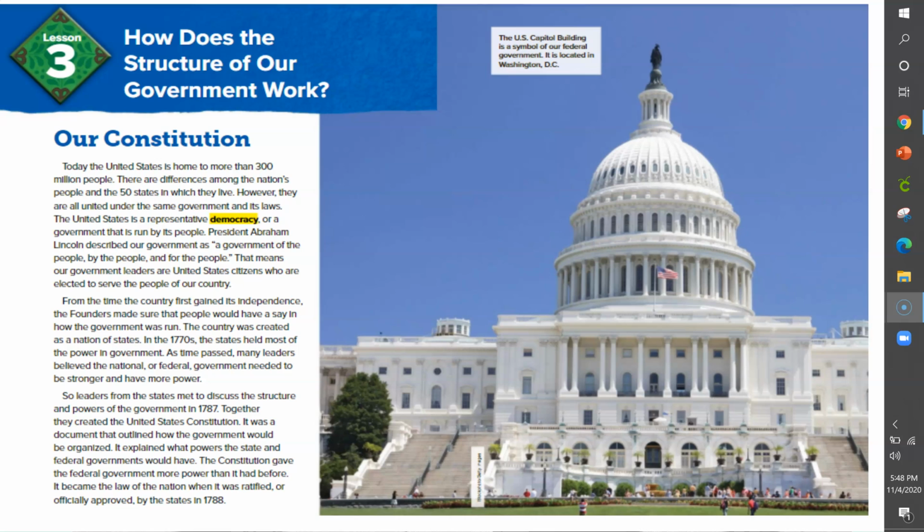Now let's evaluate. Do you think the name United States accurately described the country when it was first created? Why or why not? Pause right here.